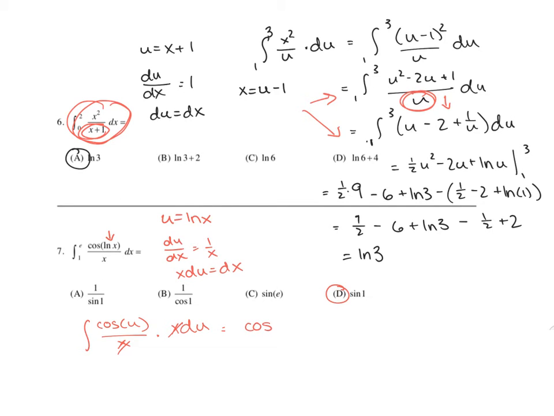And it simplifies pretty nicely. I have cosine u du. Don't forget to rewrite the 1 and the e. ln of 1 is 0. ln of e is 1. The antiderivative of cosine is sine. And this is how our answer turns out to be sine of 1.